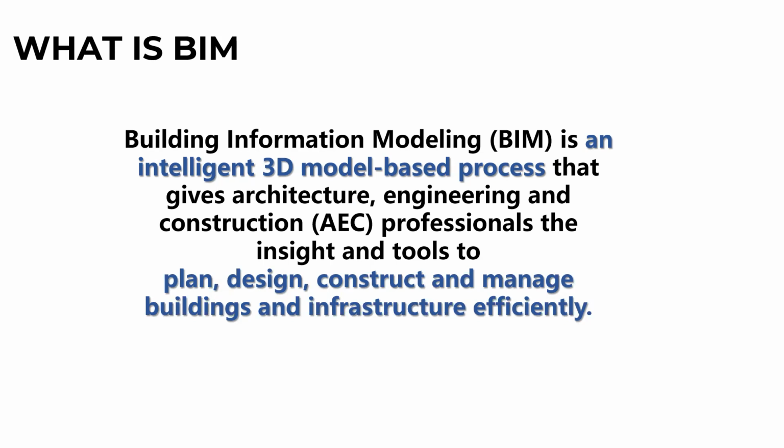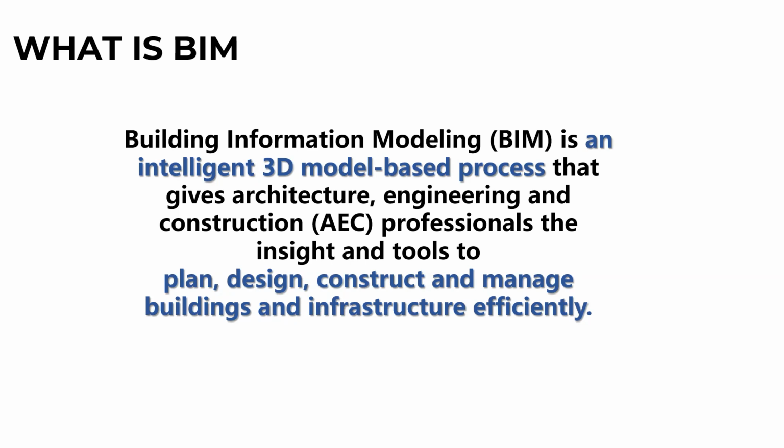Close your eyes and recall these three points. This is a 3D model based process. Who are working with this model? AEC professionals: architecture, engineering, and construction professionals. And what is the purpose? Plan, design, construct, and manage. Please put this theory into your blood.